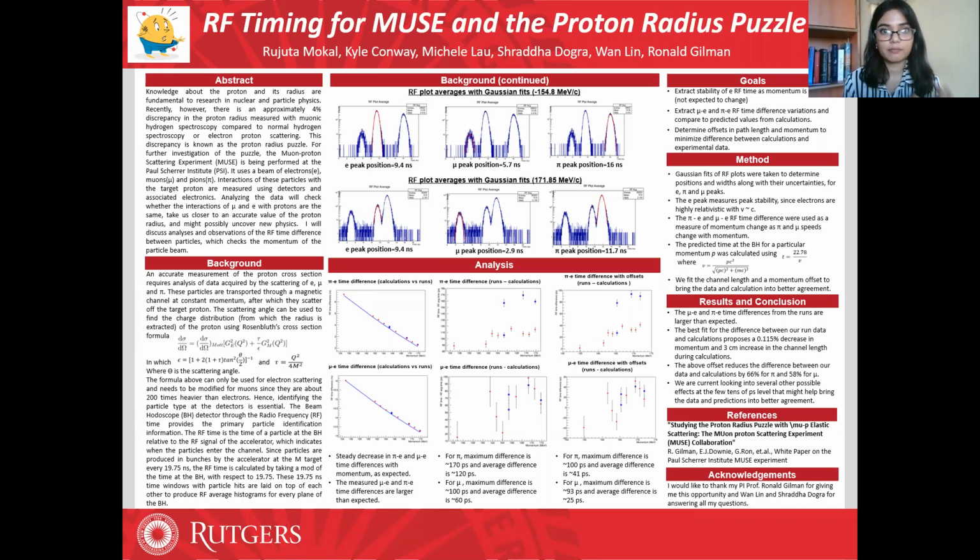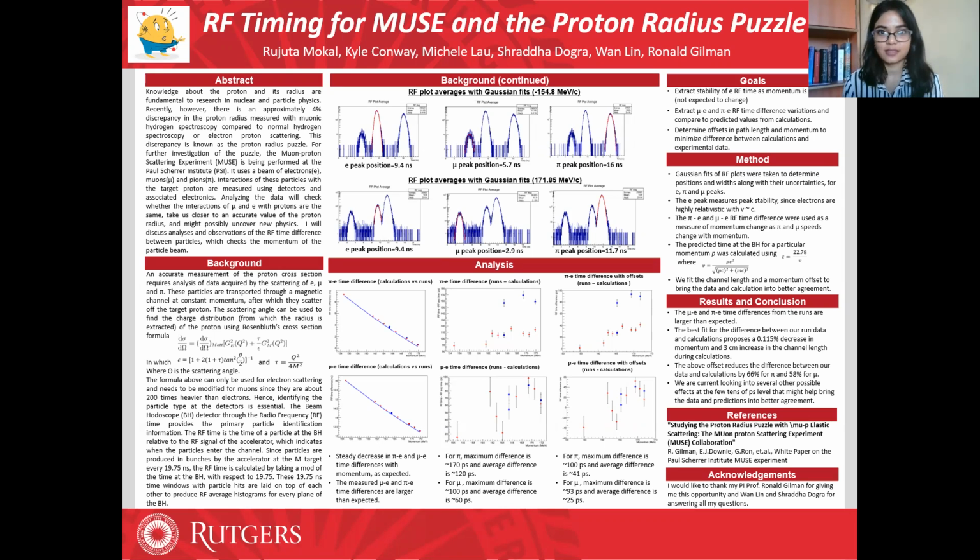However, this formula can be used in its current form only for electron scattering and needs to be modified for muon scattering due to the heavy mass of muons. As a result, it is essential for us to identify which particle is hitting our target. This is where the RF time difference comes in, since it provides the most basic information required for particle identification.